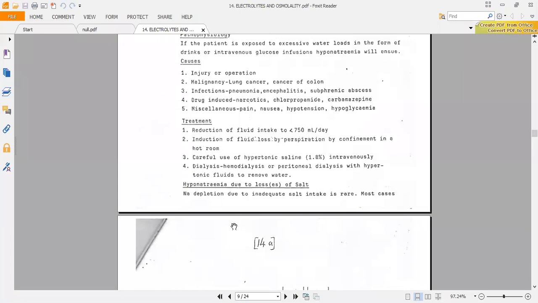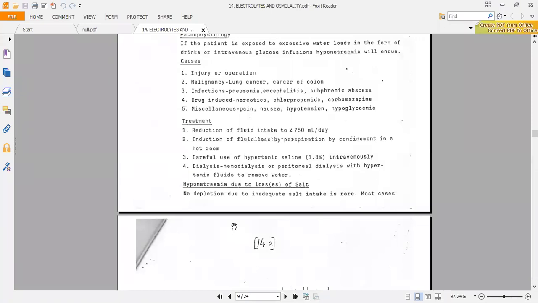The first is those that present with edema, and the causes for that are people with heart failure, liver disease, and nephrotic disease or kidney disease. They present with the edematous type of hyponatremia, which is caused by water retention. The second is the non-edematous one, which is a result of syndrome of inappropriate ADH release.